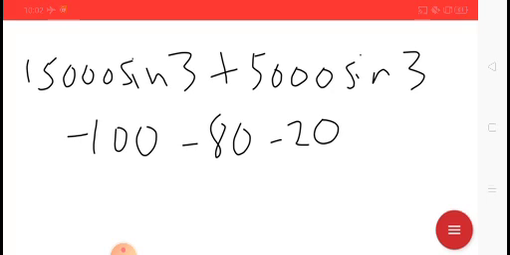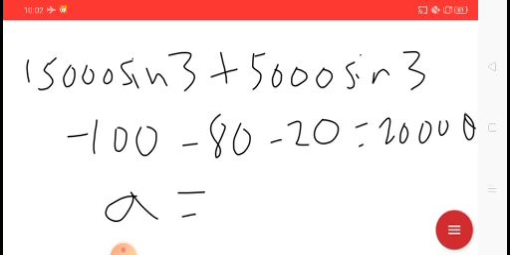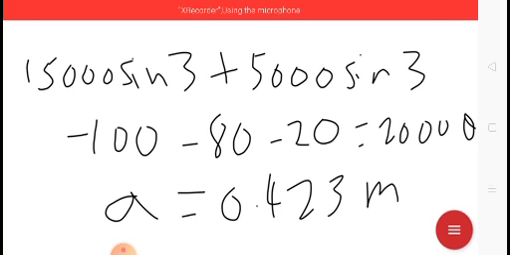There is no other external force parallel to the plane, so it is equal to 2000A. By solving this equation, you will get A equal to 0.423 meters per second squared.